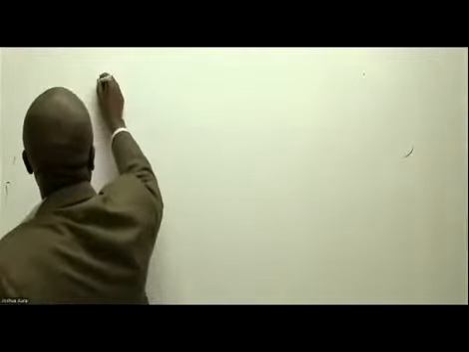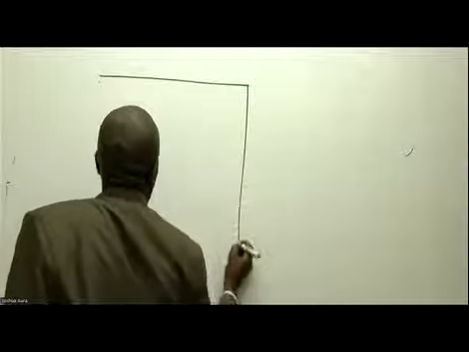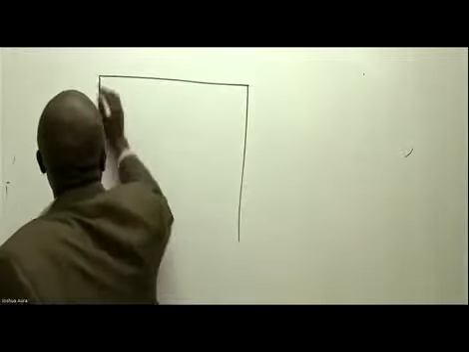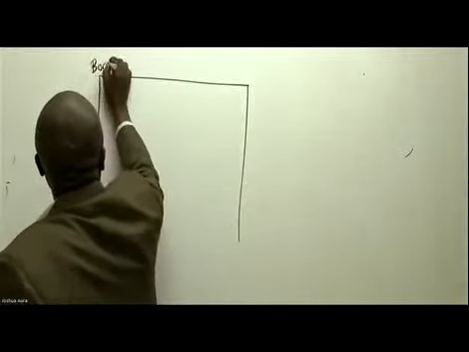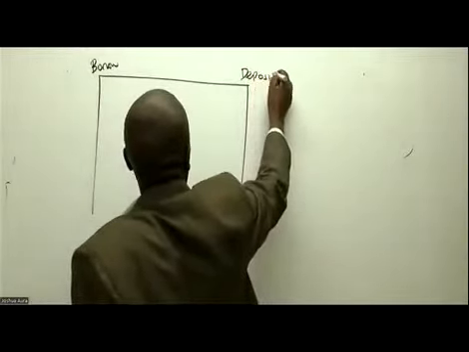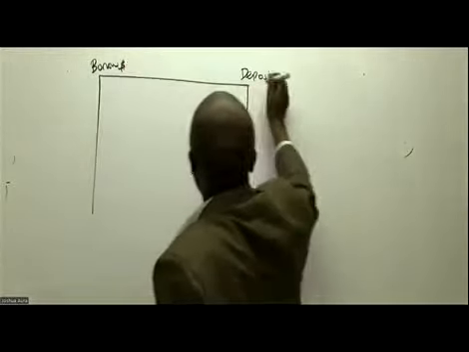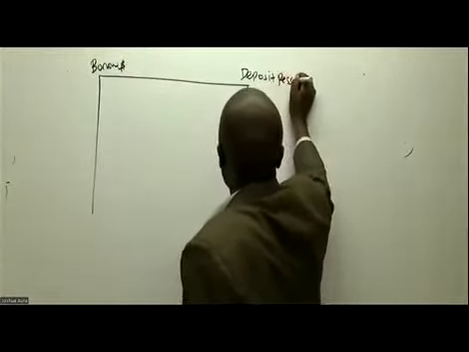Now that my board is clear, I can come and do something better here. So we are told like that. We have here borrow, we have here deposit. We are borrowing the dollar, we are depositing the other currency, which is the pesos.